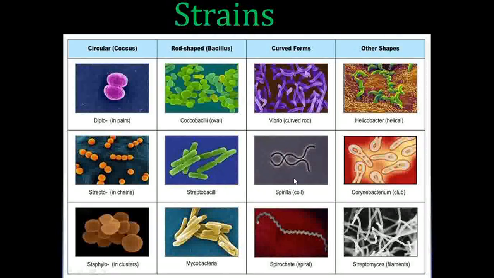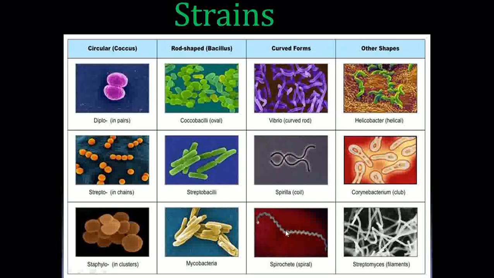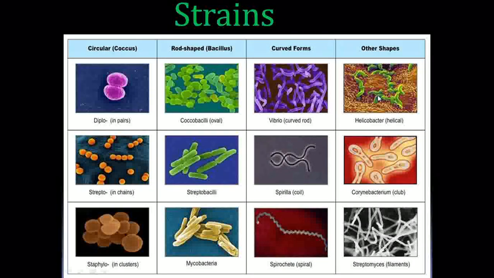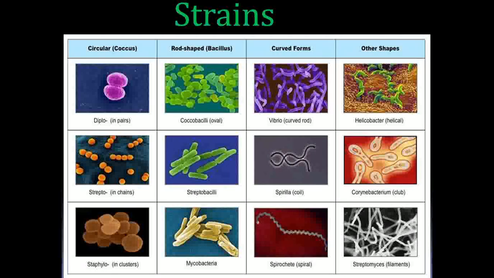Spiral, in a coil form, is called spirilla. Then you have a spiral structure called spirochetes, right? Another structure we have is the helical structure. You can see a helix structure. So it is helical, it will be Helicobacter. You have a club structure, which will be called Corynebacteria.